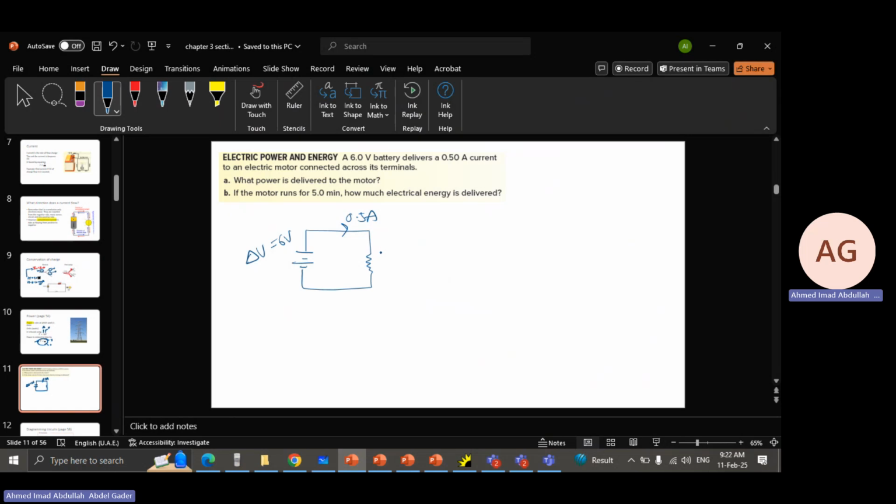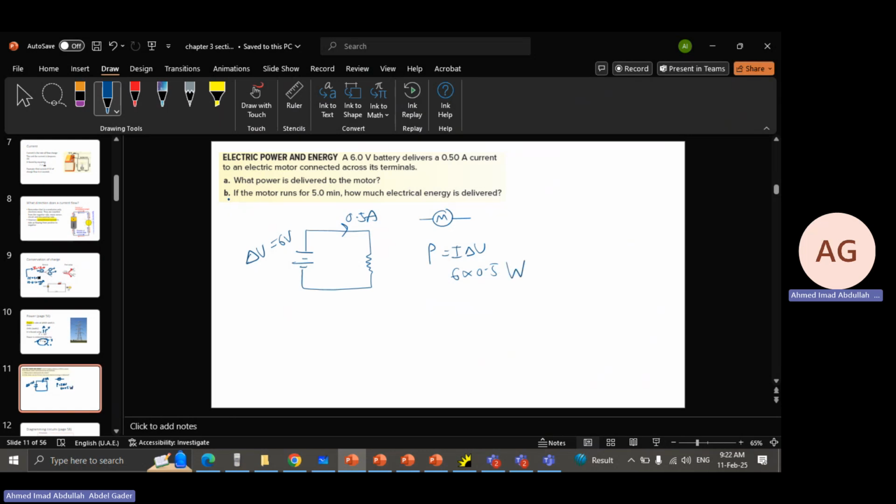I represented the motor as a resistor. In reality, it should be represented with this symbol. However, the math still applies. So the question is, what is the power delivered to the motor? P equals I times delta V, which is 6 times 0.5. And your final answer is in watts.